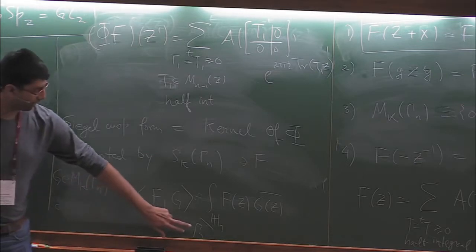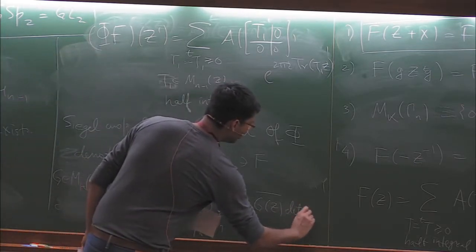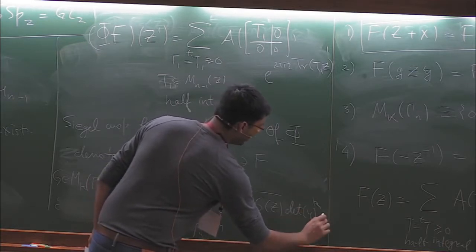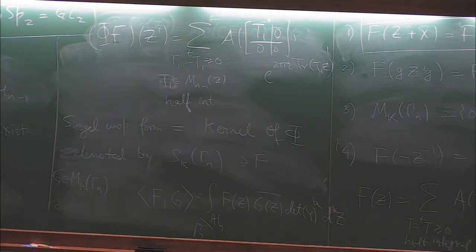But this is not invariant under Γ_n, so you need the determinant of y to the k, and then you have your d star z. You've seen the Petersson norm for the elliptic modular forms case, it's exactly this guy.